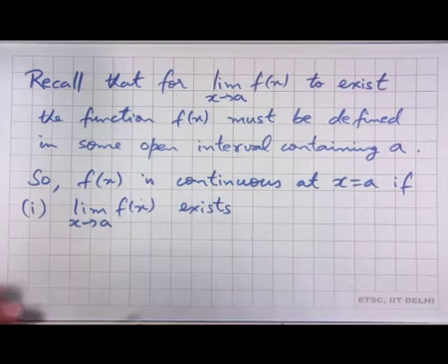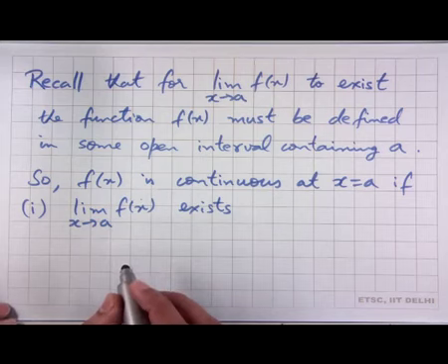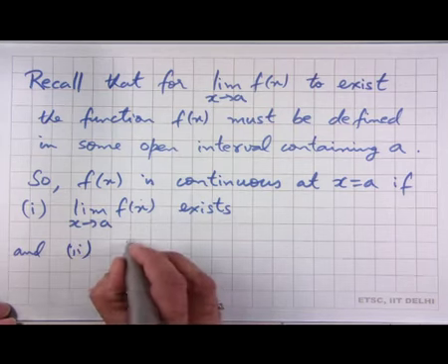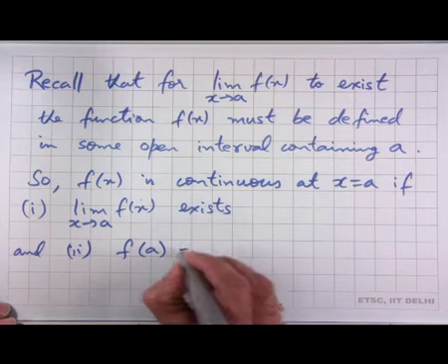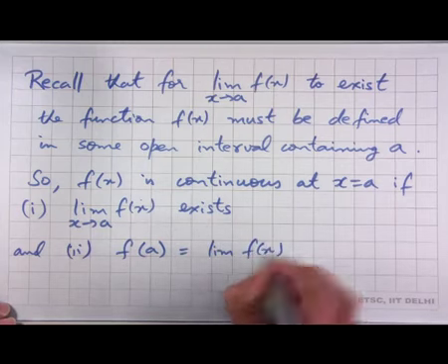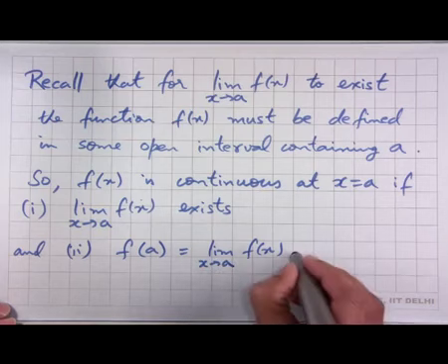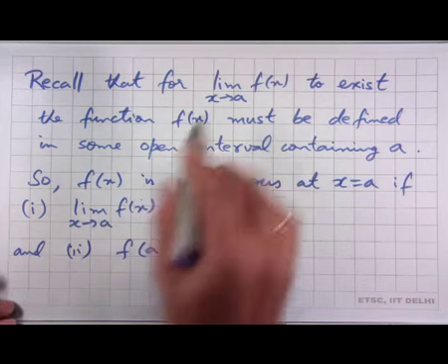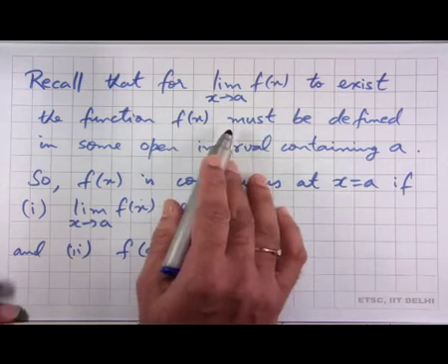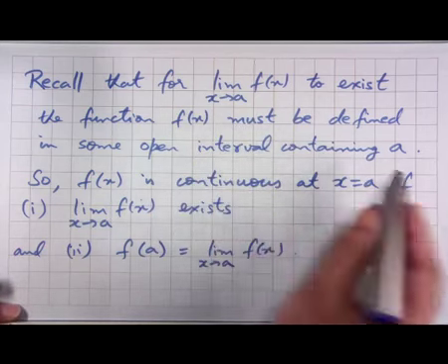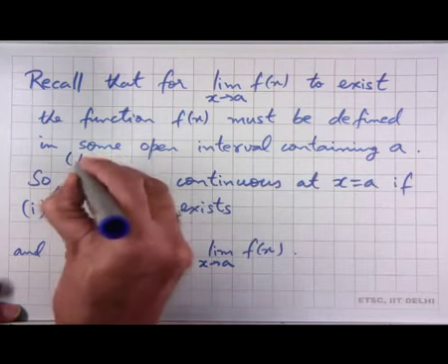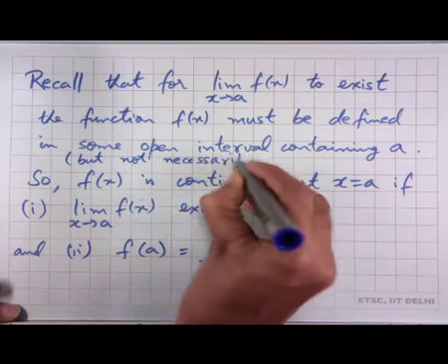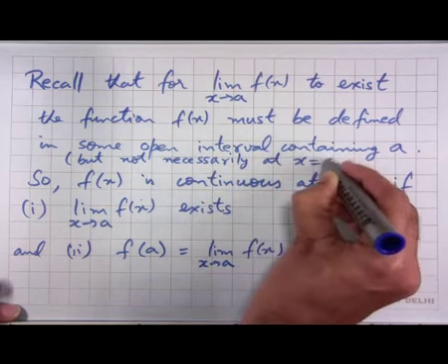And second, f of A must be equal to the limit of f of x as x approaches A. Let me say here that for the limit to exist, we want the function to be defined in some interval containing A, but not necessarily at x equal to A, right.